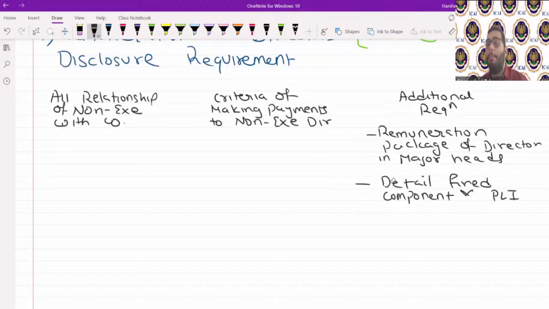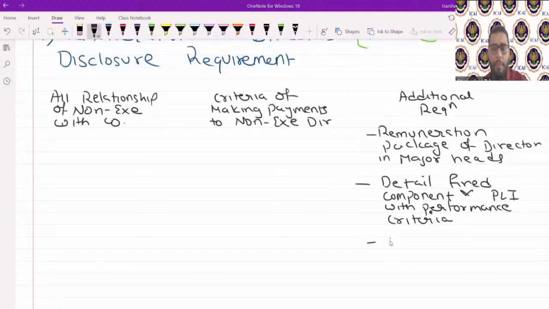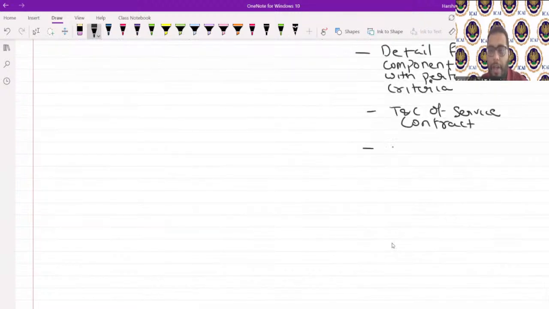PLI stands for performance linked incentives with performance criteria. Then service contracts, terms and conditions of service contract, notice period, severance fee. Important terms I'm talking about. Fourth, stock option details.